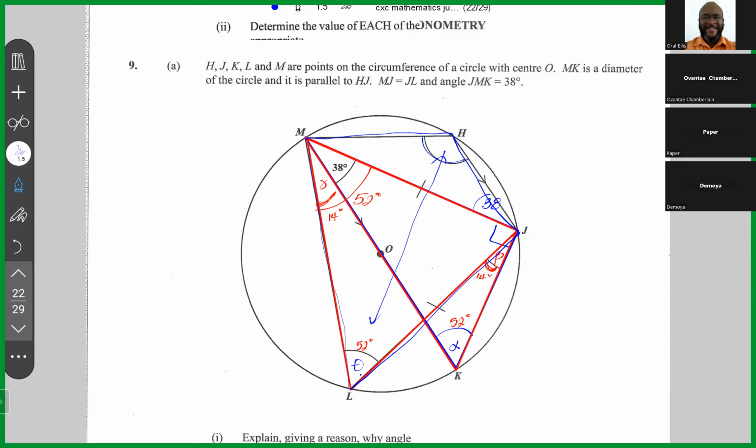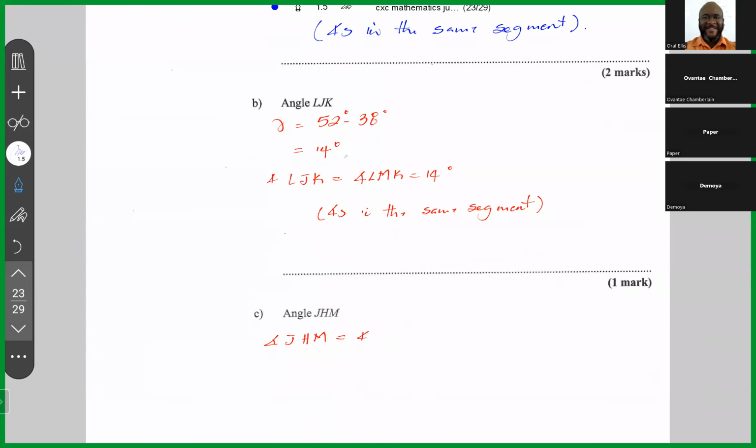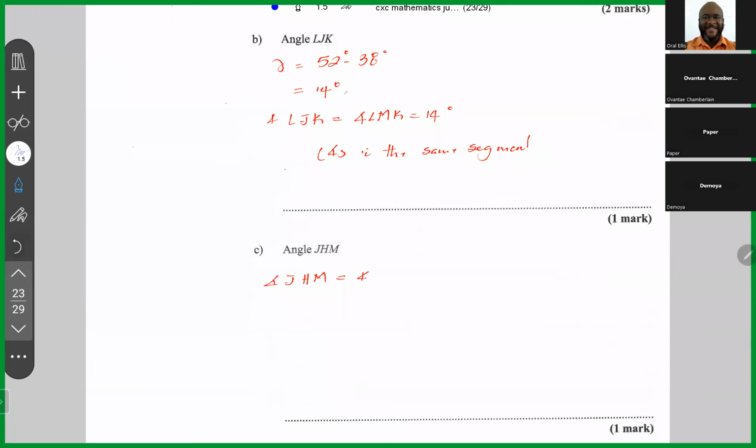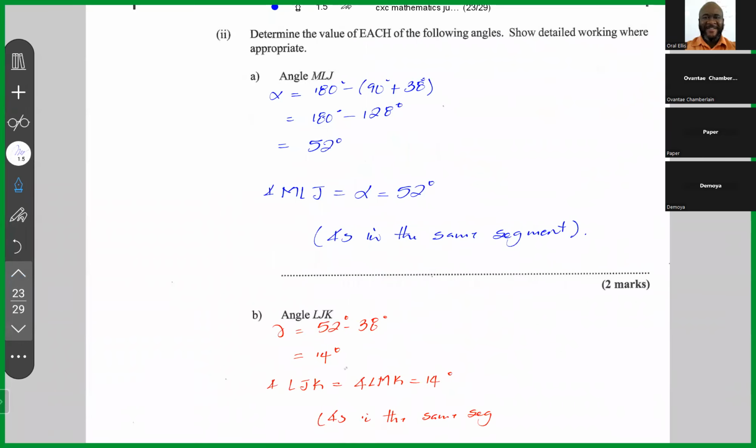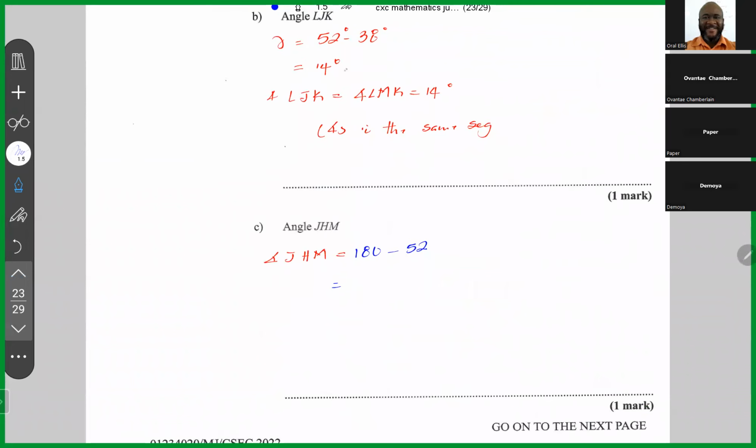So angle MHJ is equal to 180 minus 52, which is equal to 128 degrees.